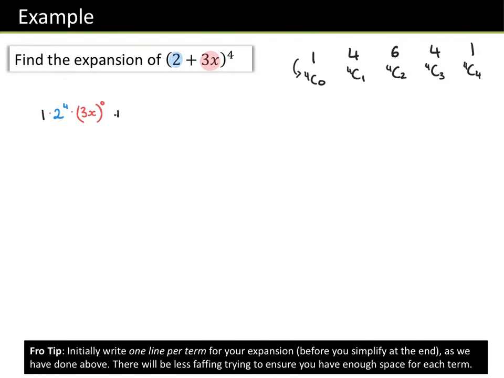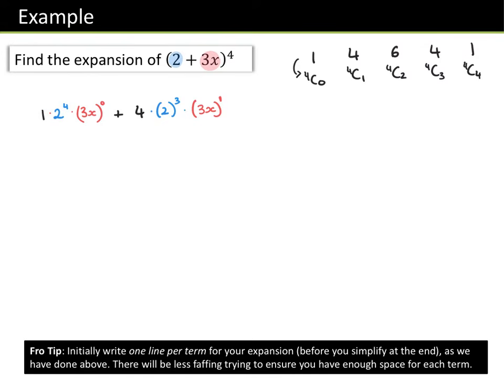That is plus, our next coefficient is 4, multiplied by 2 to the power of 3, because we're going down, descending in powers, multiplied by our 3x to the power of 1, because our powers, 3 and 1, need to add to make 4.